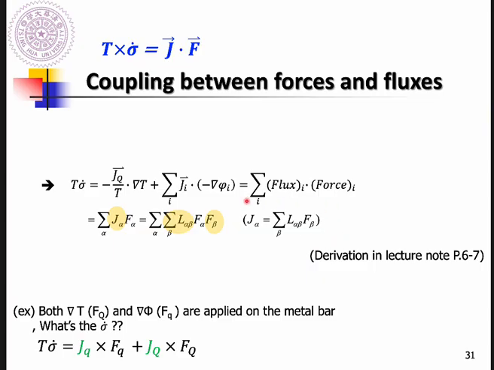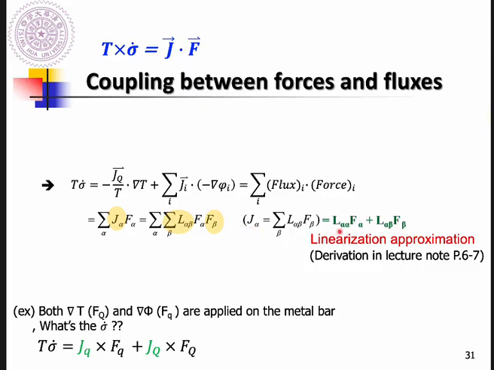If you use alpha to represent beta, you will have L alpha alpha F alpha plus the sum over beta of L alpha beta F beta. This means the alpha flux is not only driven by the F alpha driving force, it can also be driven by F beta.